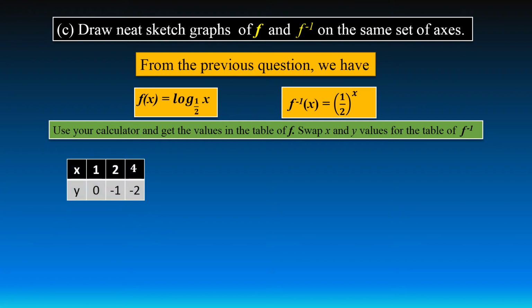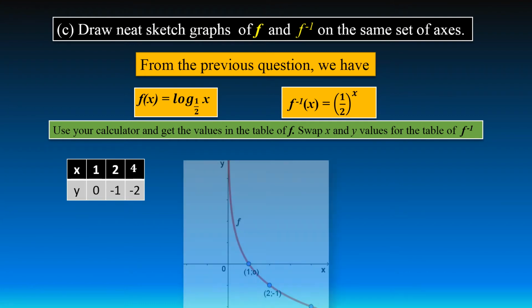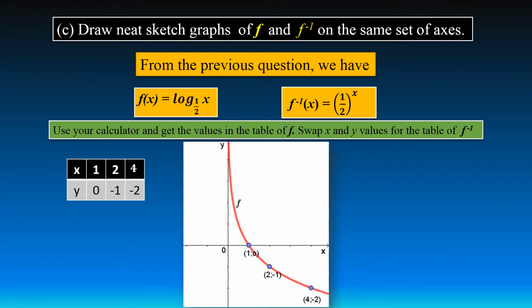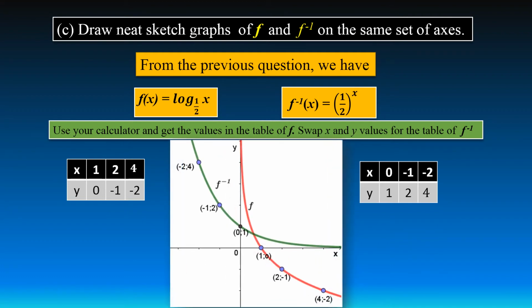For f, you have the log button on the calculator, use it, and then you sketch the points carefully, and you have the graph of f. Now for the second graph, you just swap the x coordinate and y coordinate. You get the table and you sketch another beautiful graph of f inverse.